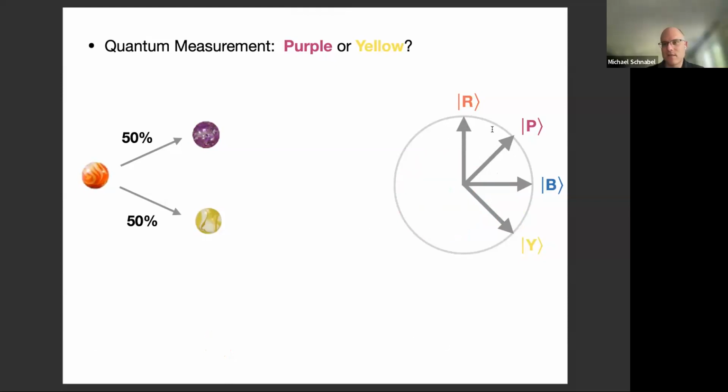Because you have a 50% chance to project it on purple, and I told you yellow doesn't matter whether it's pointing down or up. It's just this axis which counts. It's all yellow, so you will also have a 50% on the yellow state. If you understood this, you already understood a lot.